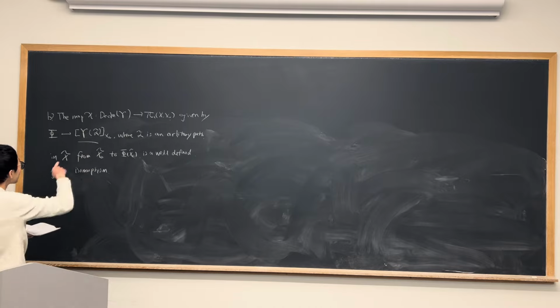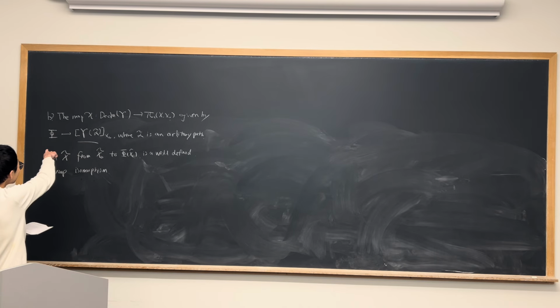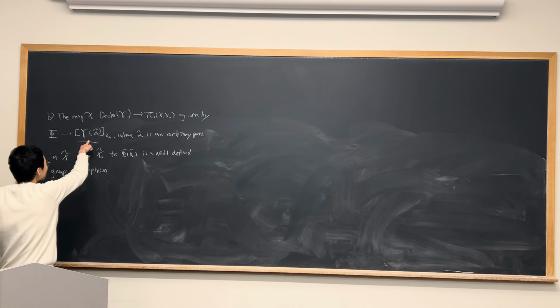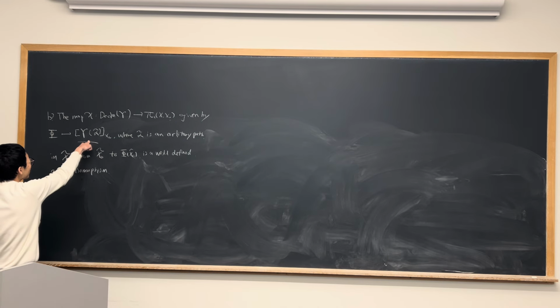Here you have the image. You have phi as the pre-image, and then the image is like this path. So basically if you have, this is a loop.